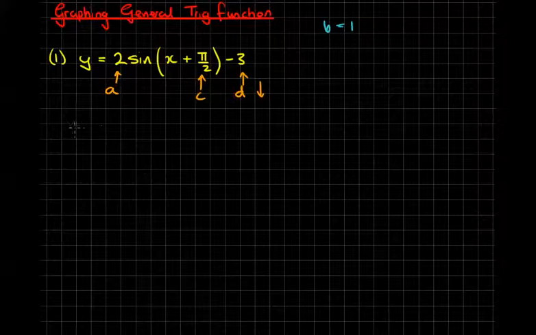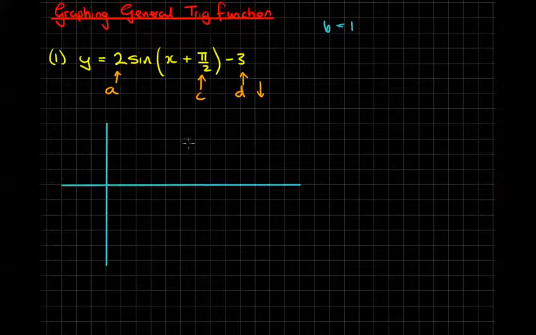Let's draw our axes first of all, and let's start off with the key points. Remember, don't forget to label your axes. Let's say this is pi over 2, that's pi, this is 2 pi, and this is 3 pi over 2.